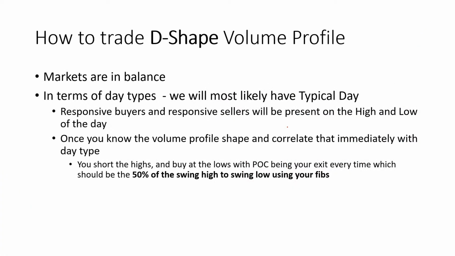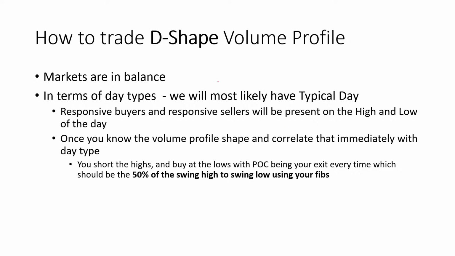So the D shape. These are your typical days, and as you guys know, you have responsive buyers and sellers. If you're going to trade this type of day, you draw the high and low of the day, and you literally trade within that area, and you want to stop trading this type of typical day around 2:30 to 4 o'clock. You don't want to be playing too many bounces on those end lines, because that's when the volatility comes in, and it's what we call power hour.